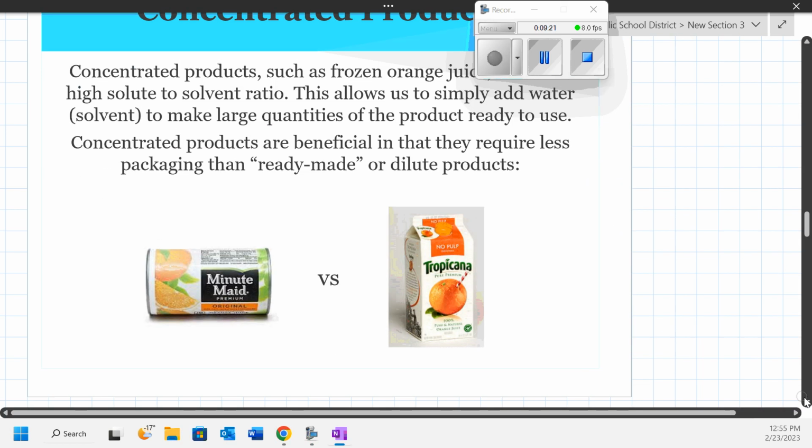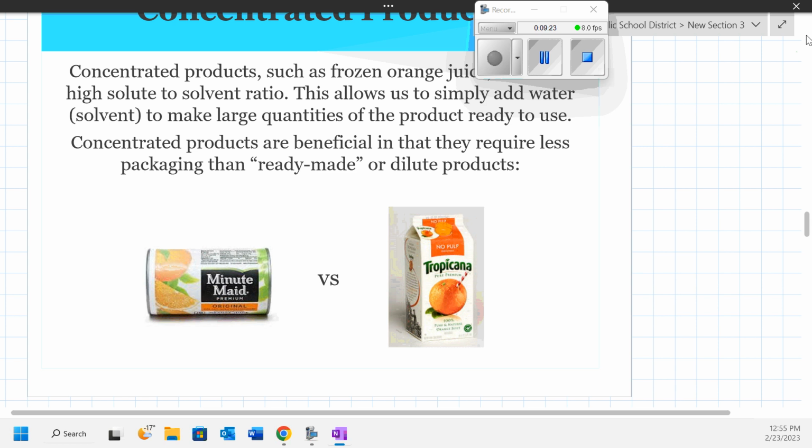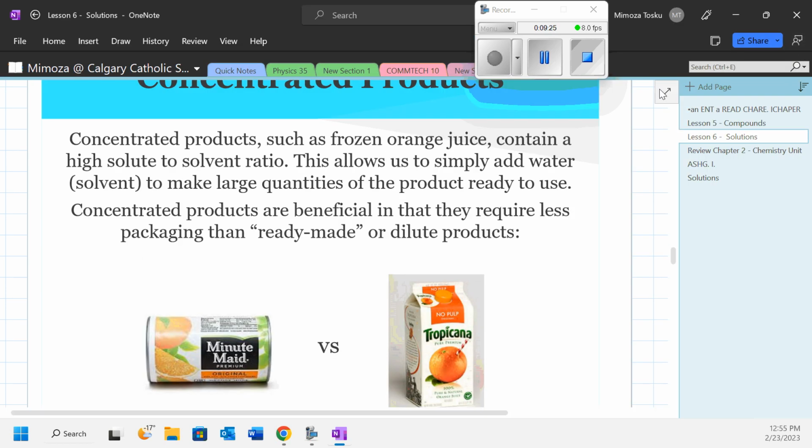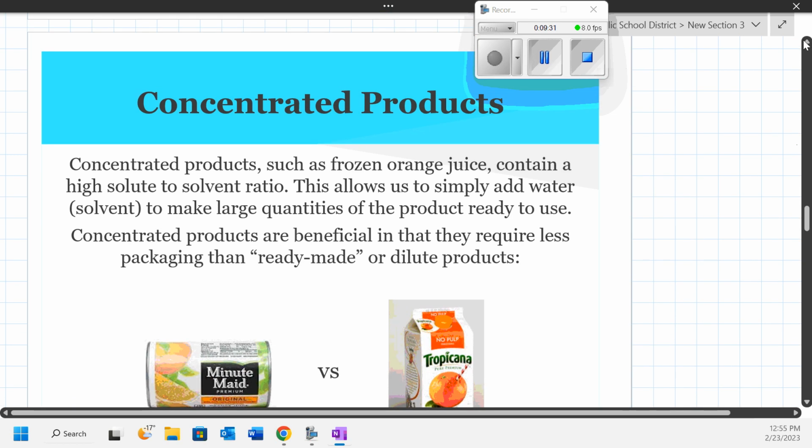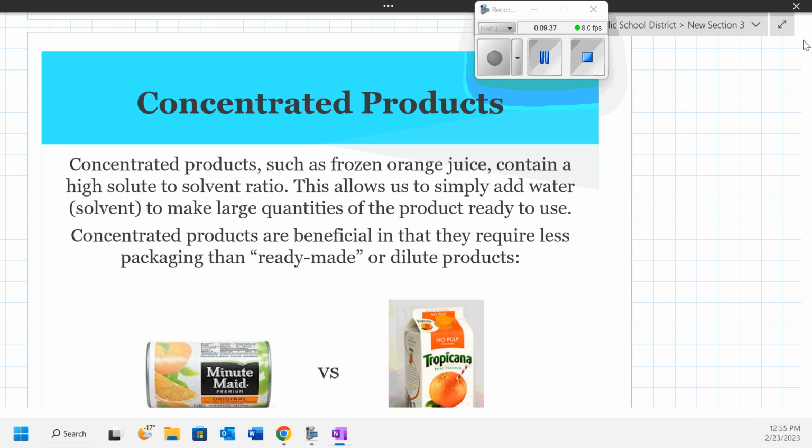So now what you see even in the supermarket is some carton boxes with frozen juice. They are concentrated products, which means that what you have to do is just add water into it, and then you will make a given juice.